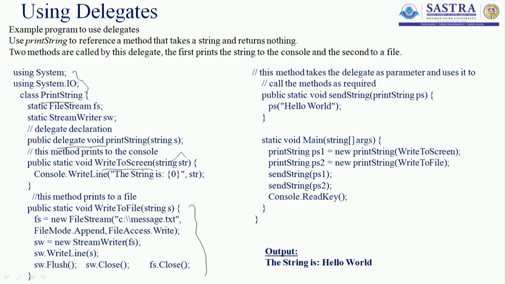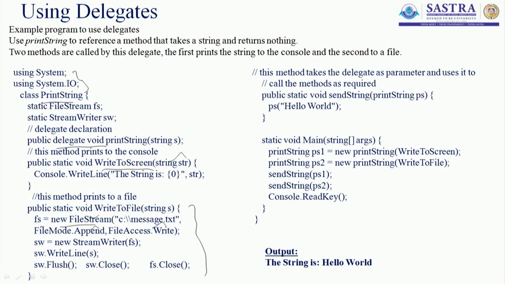Write to file has been written something like this, right? We are creating an object for file stream, and the argument is something like message.txt, and the file mode has been opened as append mode, and then we want to write it. All these options or arguments have been stated for this file stream class, right?